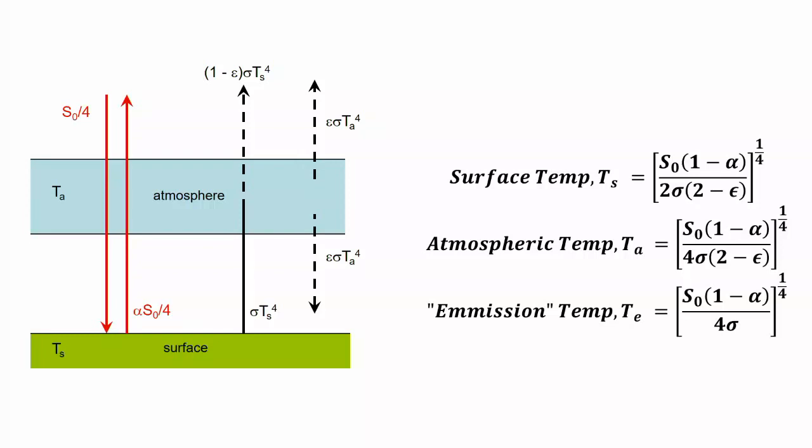We can take a simple energy balance where we're looking at fluxes of energy into and out of the system and just balancing them at the top of the atmosphere and the bottom of the atmosphere, so that we can come up with these simple models of surface temperature or emission temperature, the temperature at the top of the atmosphere.